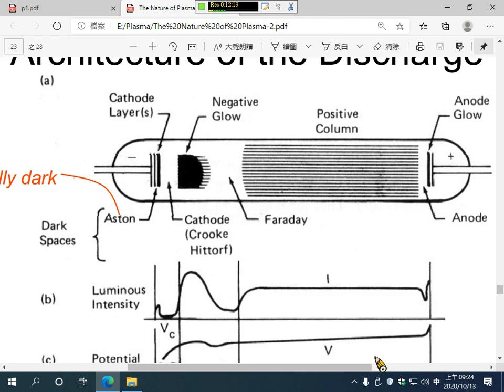But the energy of the excited state is higher than the energy of the ground state, so the energy difference will be released by emitting photons.